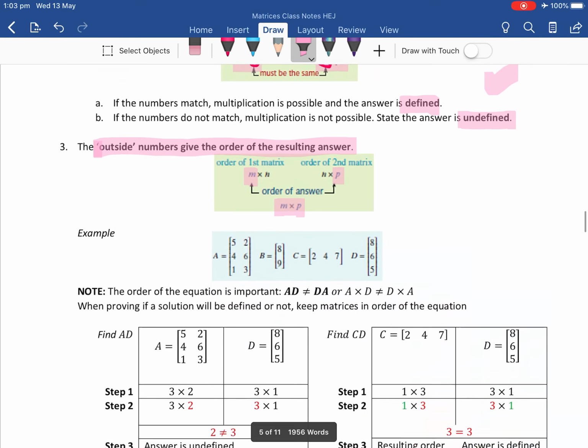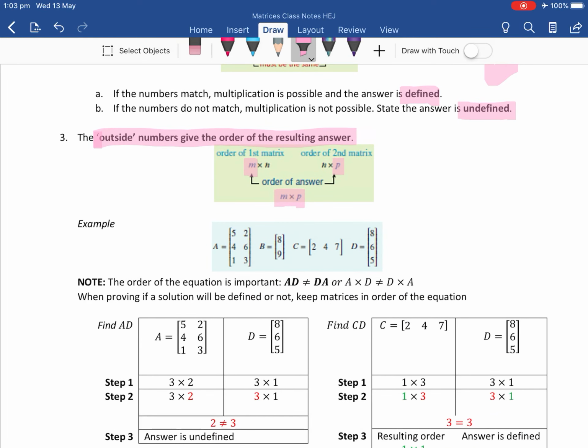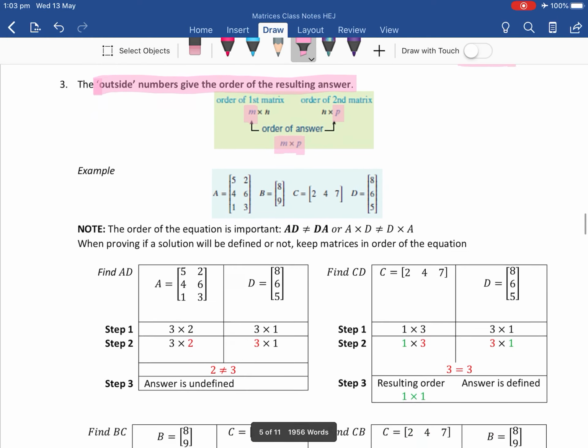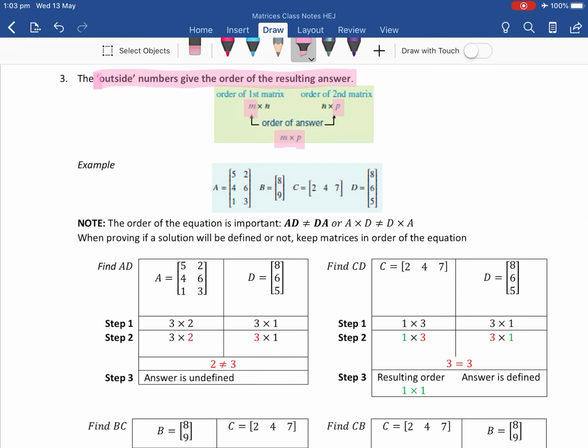So for an example, let's look at this box here. We've got A, B, C, and D, all different matrices, different sizes. It's important to note that the order of an equation is important.